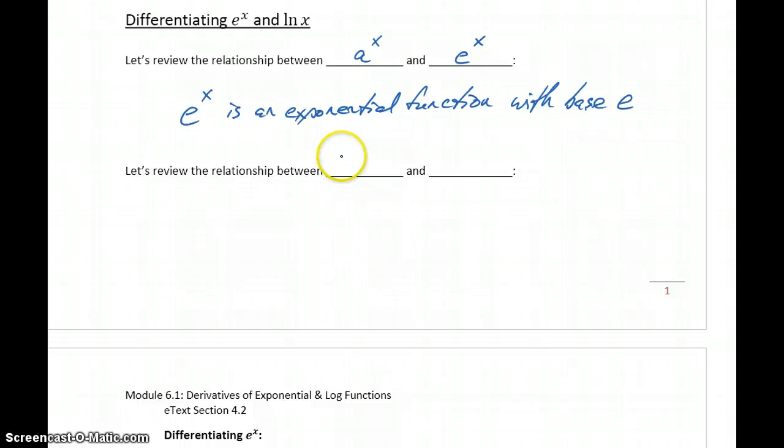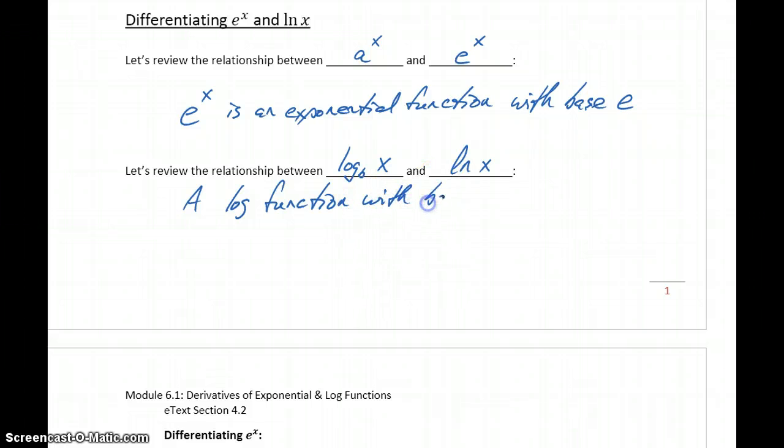And similar for the natural log of x, we want to look at the relationship between the log base b of x and the natural log of x. So if we have a log function with base e, then what we have is the log base e of x.